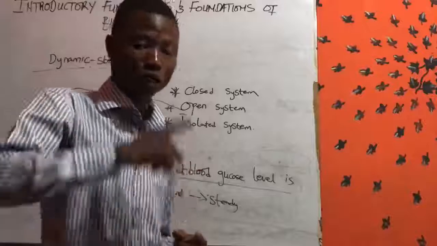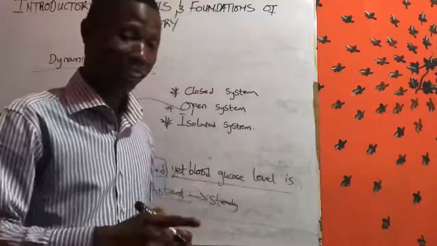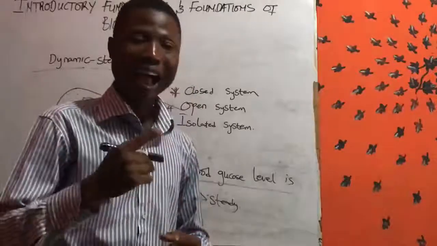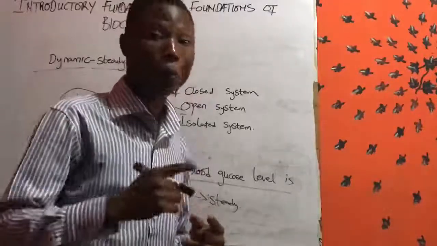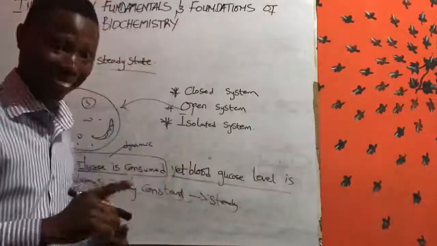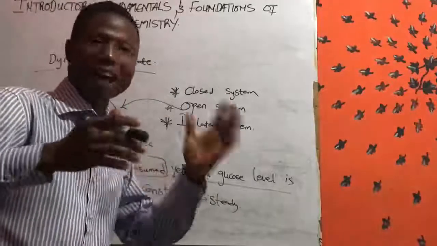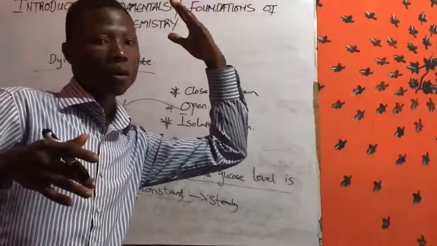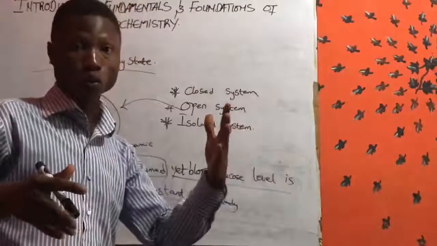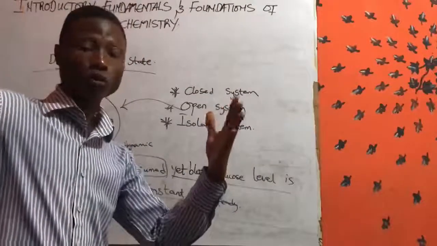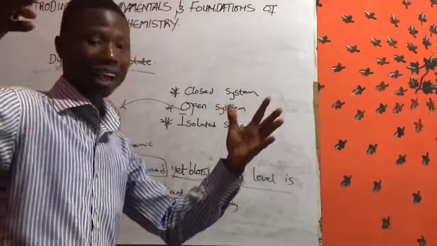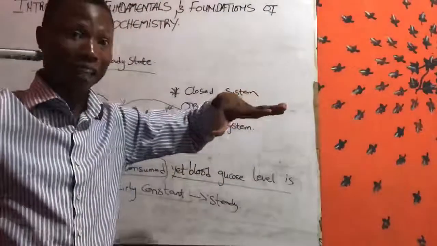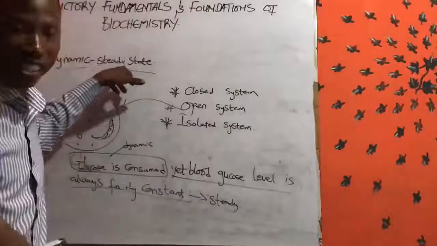I'll go through that again. Day in, day out, constantly biomolecules are being produced in a cell. Also, day in, day out, biomolecules are being degraded. Now, the rate of synthesis of biomolecules and the rate of degradation are regulated such that they balance each other to give us a steady state.